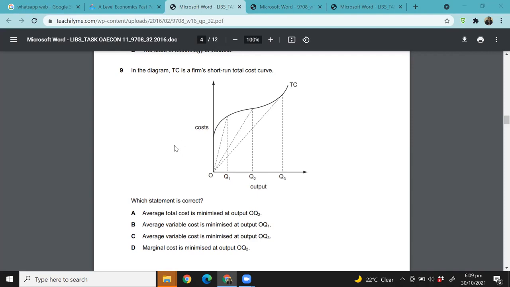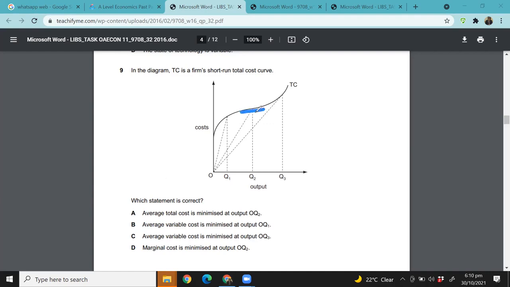So average cost is total cost over total output. Okay, let me explain. Marginal cost is minimized at OQ2.